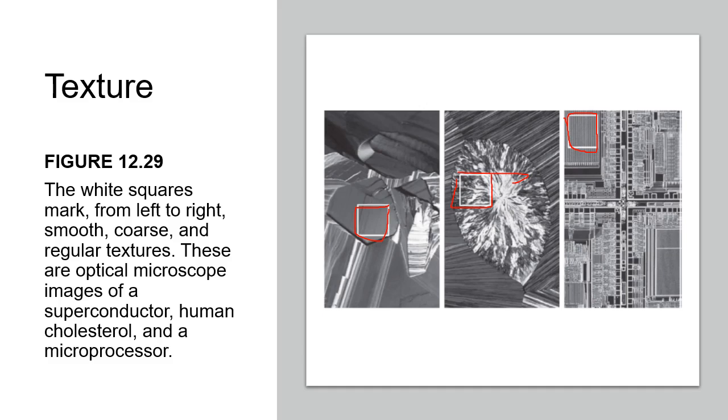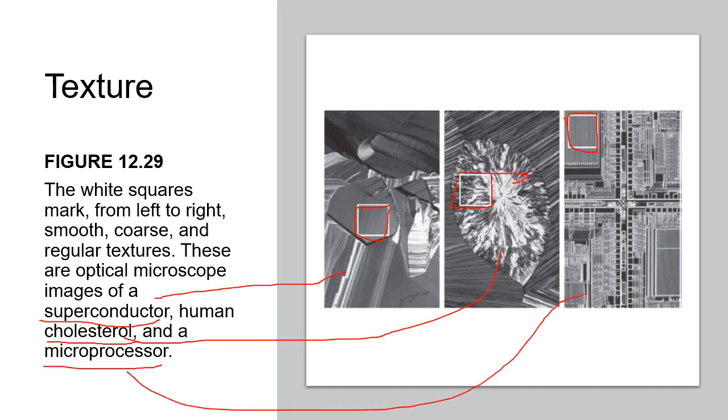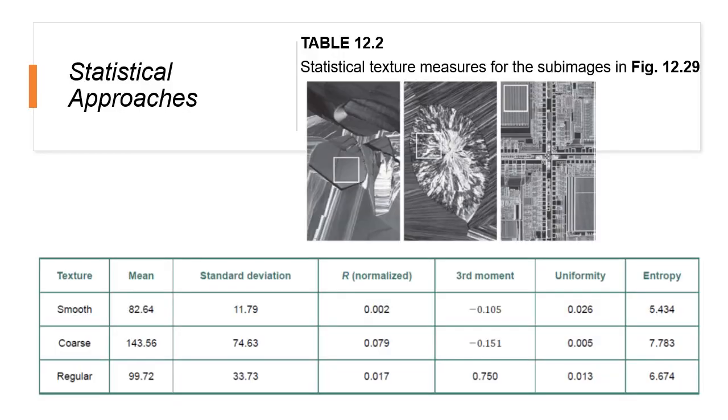different texture. So the left one is the superconductor, the one in the middle is the human cholesterol, whereas the one on the right is the microprocessor. Now we could use smoothness, coarseness, and regularity to measure that.